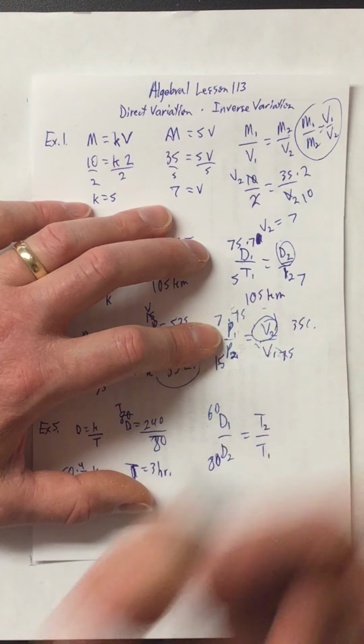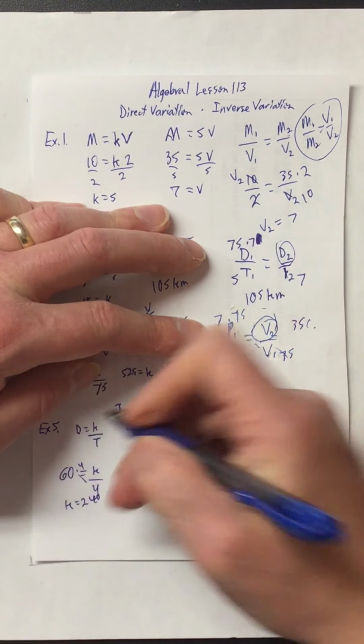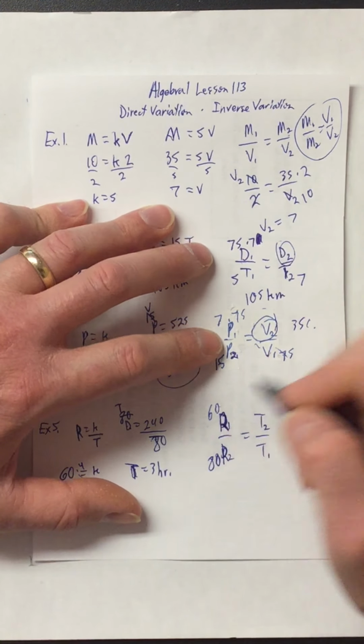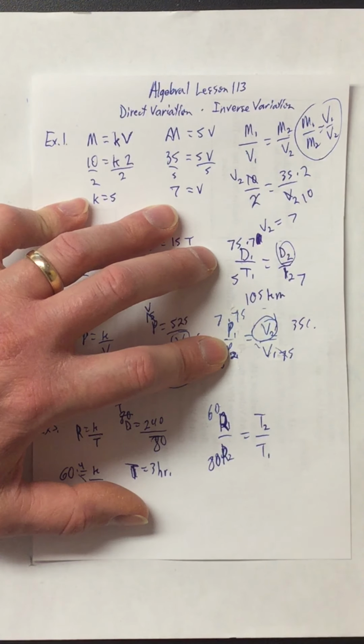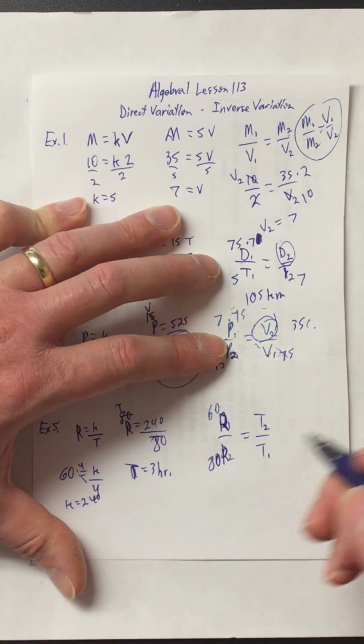That's a rate, not a distance. That's a speed. So let's put R's in there instead of D's. All right, the rate is 60 kilometers per hour, not a distance. The rate increases, so put R's in there.